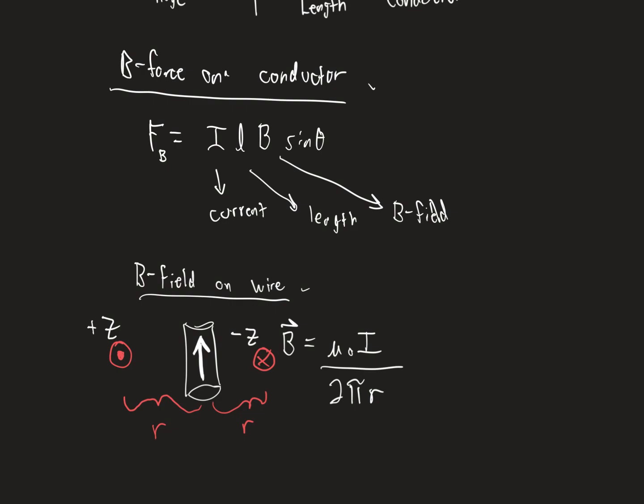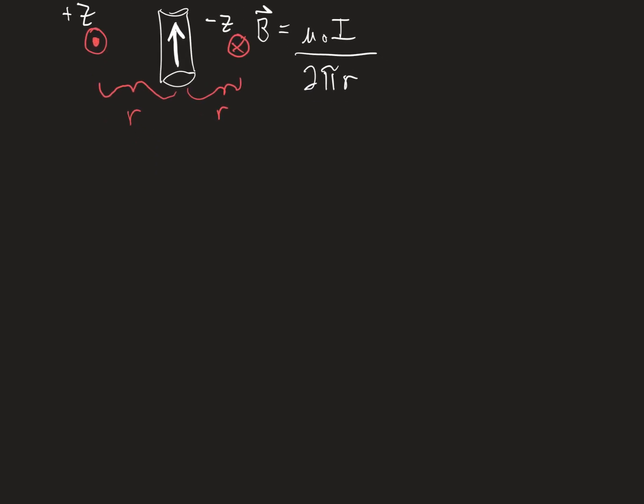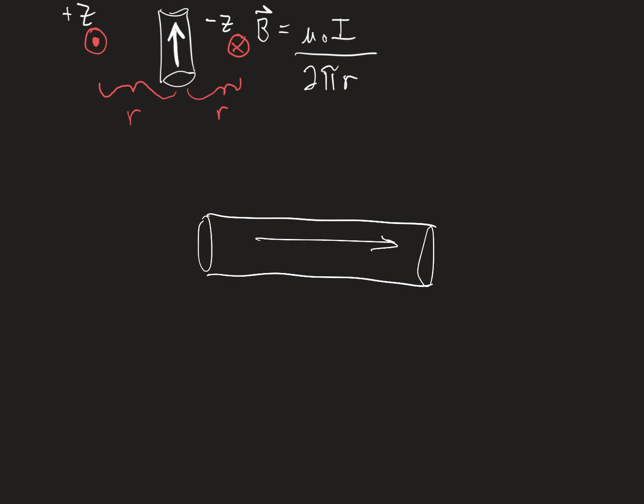So let's do another example. Go off book a little bit. Let's do current. Do you want the current going to the right or to the left? Right? Okay. So the current is going that way. Do you want the magnetic field direction above or below the wire? Below.